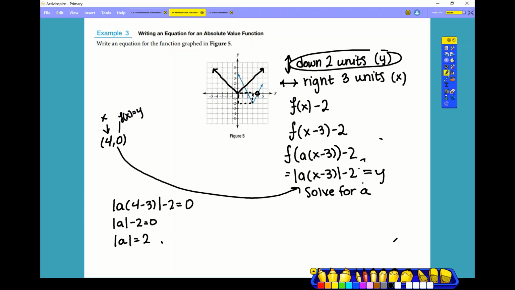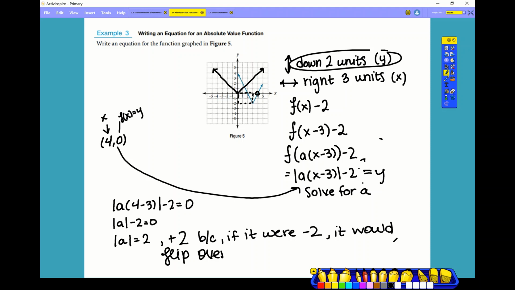And I'm going to make it positive 2. And that is because if it were negative 2, it would flip over the axis. So it'd be facing upside down. Now, one of the things about vertical stretches and horizontal compressions is you can kind of interchange them.